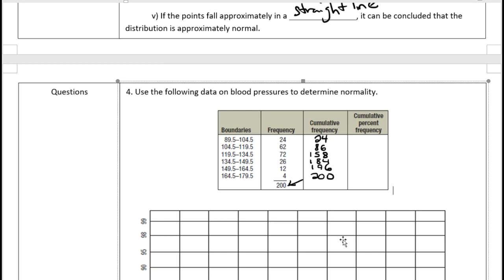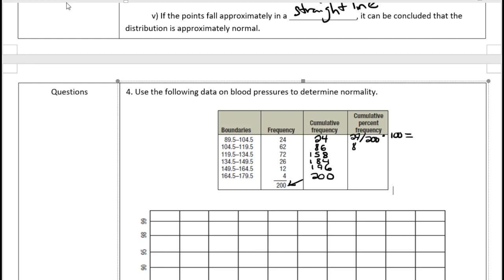Now those are our numbers. For cumulative percent frequency, to find the percent we're going to do 24 divided by our total, and then times 100. So 24 divided by 200 times 100 will give us the percent.